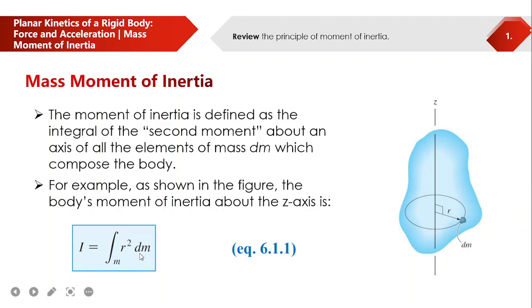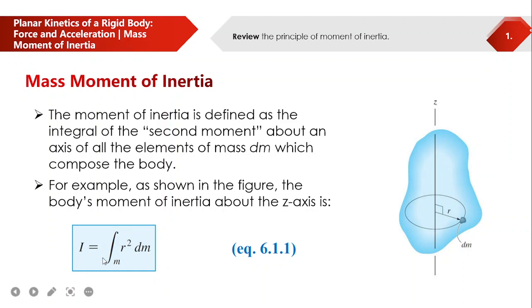So the mass moment of inertia equals the integral of r squared dm. Here r is the radial distance of the particle to the axis, whatever axis you placed; r squared is the distance between the particle and the axis.